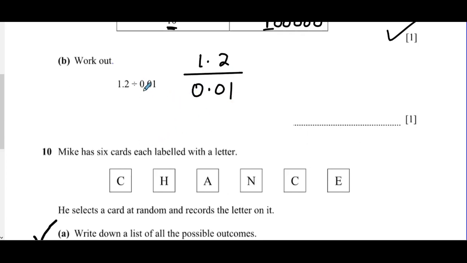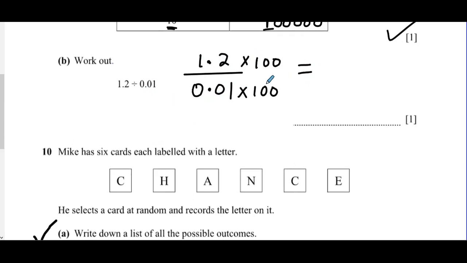Now to do that, you go ahead checking how many decimal places are there in the numerator. In the numerator, we have 1 decimal place, and in the denominator, you have more decimal places compared with the numerator. So over here, in the denominator, we have 2 decimal places. That will mean 100. So you're going to multiply by 100 here, and also you do times 100 on top.